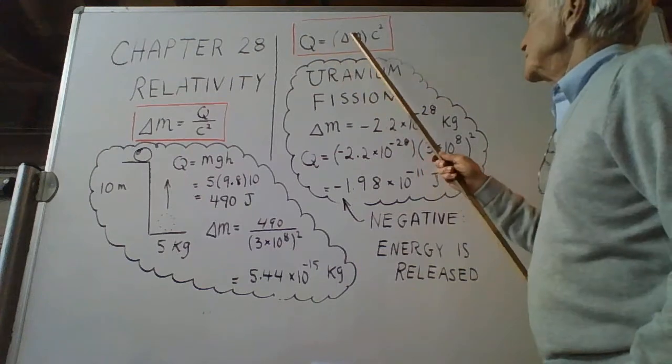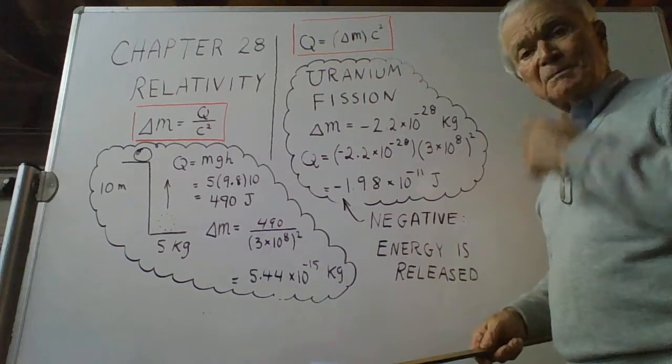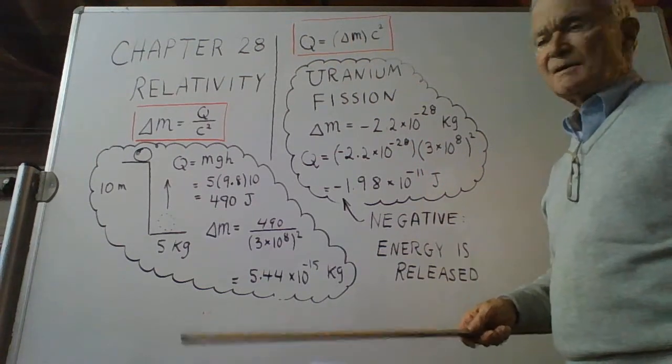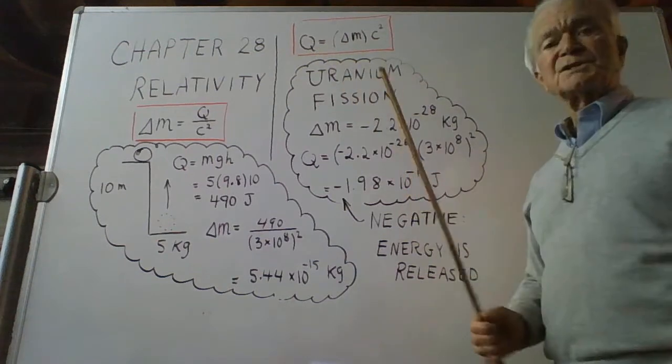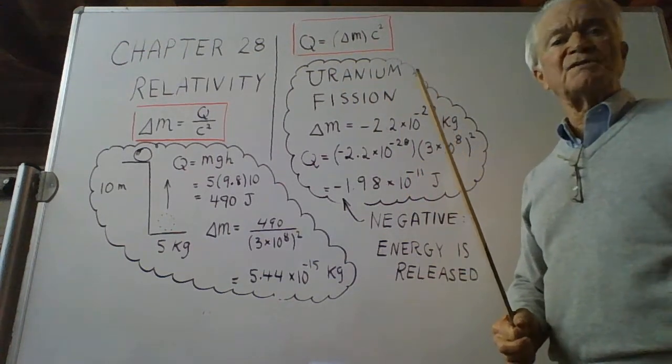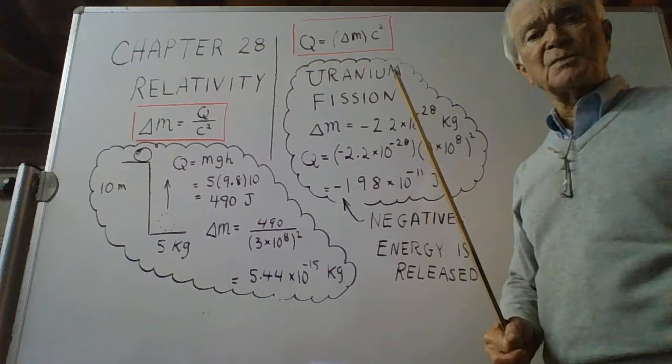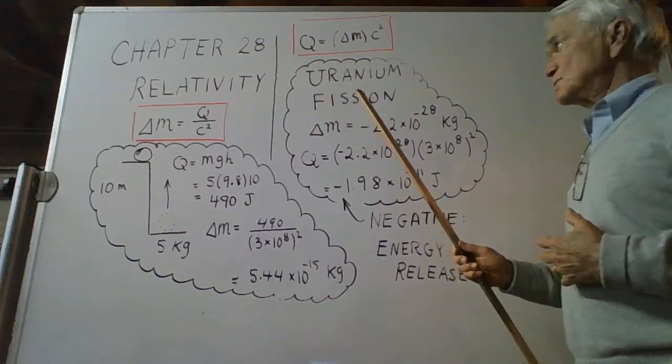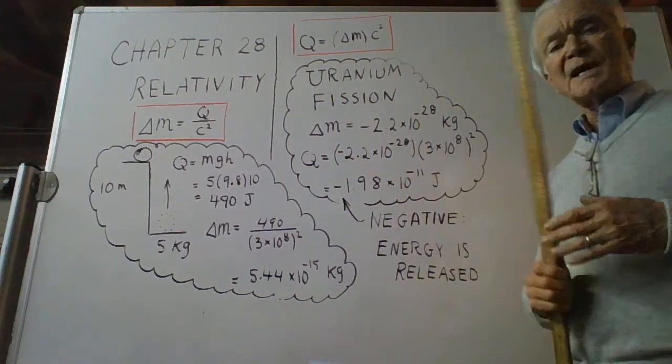On the other hand, if delta M is positive, then the object's quantity of energy increase will be some positive number. Let's discuss the first case in which the change in mass is negative.